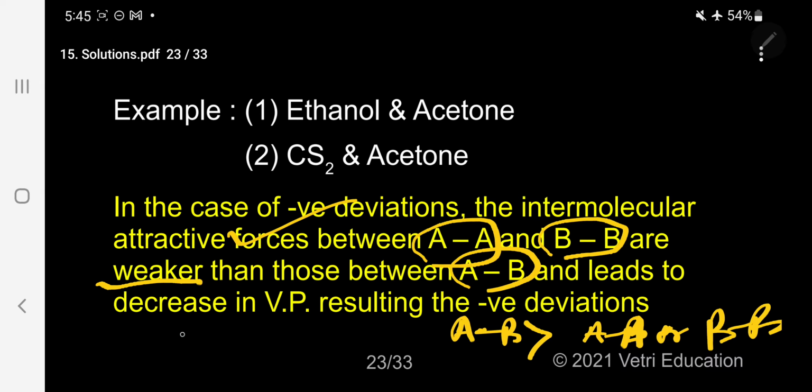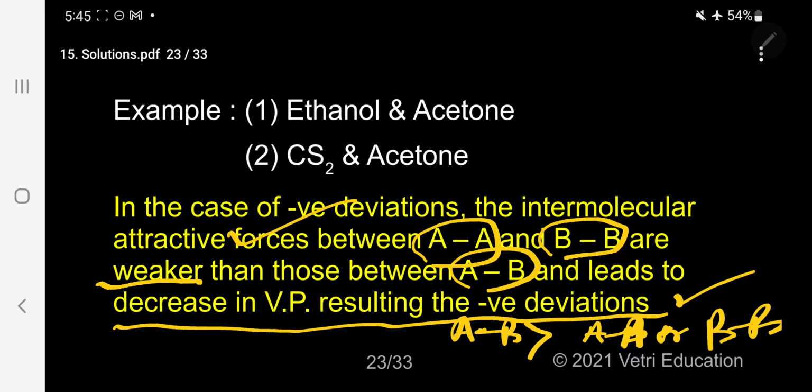If it is strong, it leads to a decrease in vapor pressure, resulting in negative deviation. So you have to please follow, my dear student. This you have to remember. Positive, negative, how we have to memorize. It involves interaction between the molecules. If the interaction between two molecules is greater, it results in negative deviation.